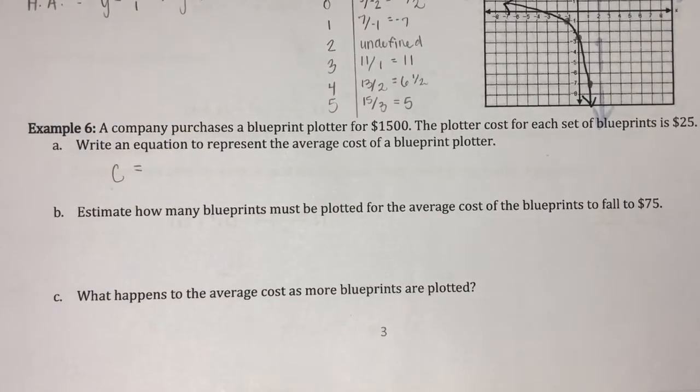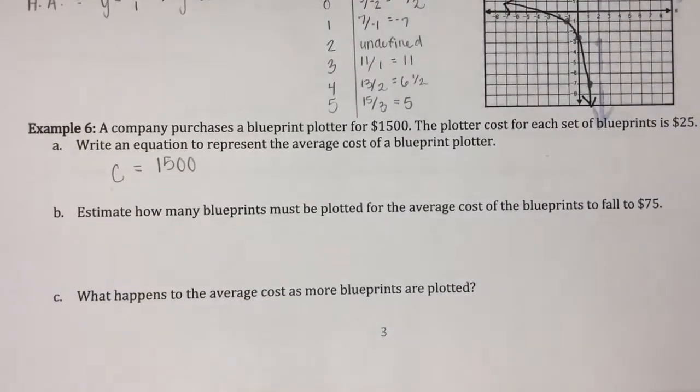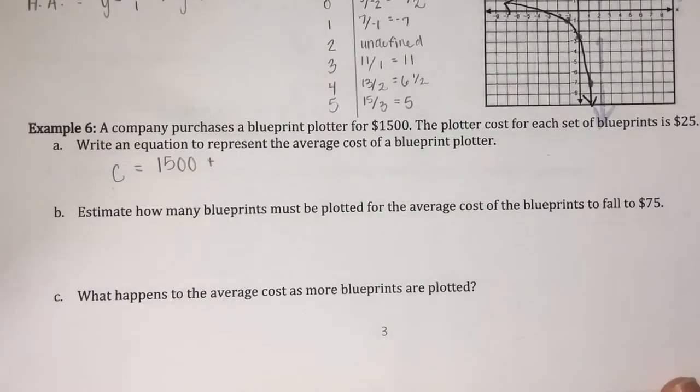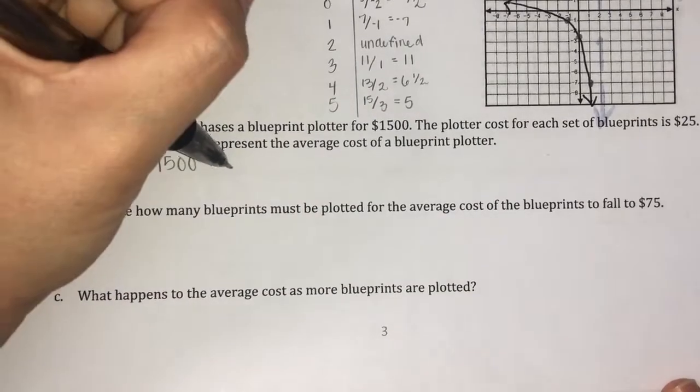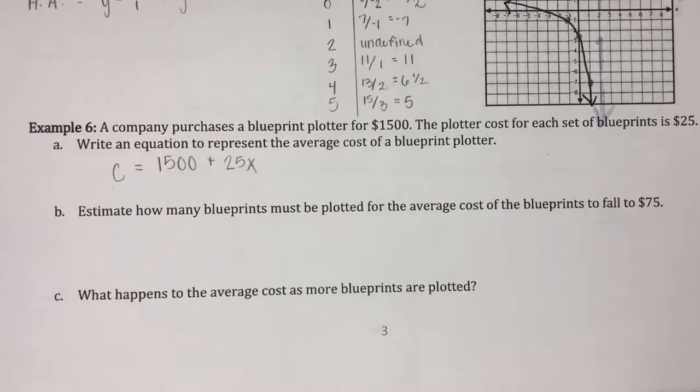So we know that we were going to pay $1,500 for the blueprint plotter. And then we know that each set of blueprints is $25. So 25 times, we'll say X is the amount of blueprints that we're going to print. So 1,500 plus 25 times the amount of blueprints we print.